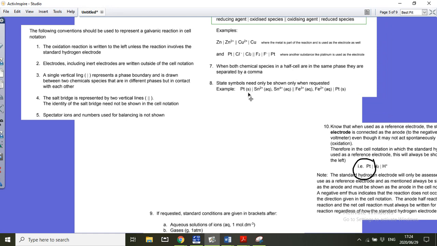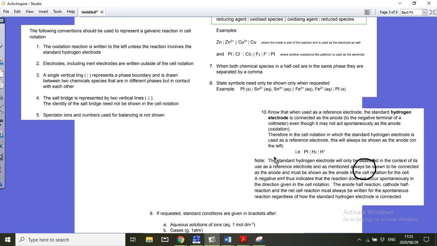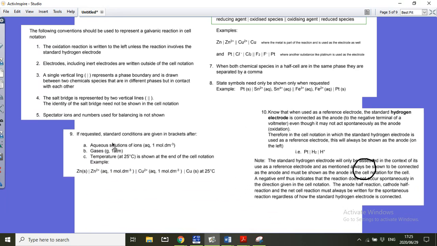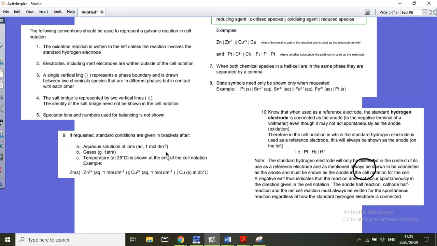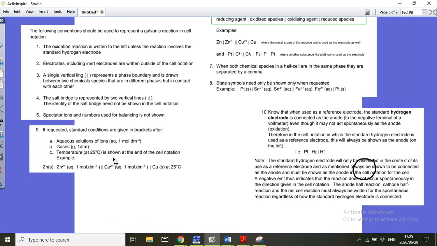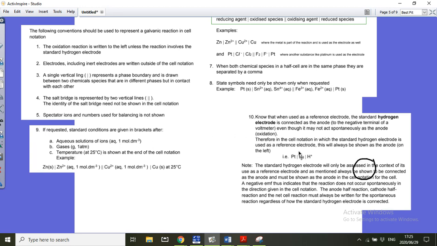Otherwise, you'll put a comma if they are in the same phase. Very important, I'm missing out number 9: put the standard conditions if the question asks for it. If the question doesn't ask for it, you don't have to put it. If you're not sure and the question didn't state anything, then rather put it.